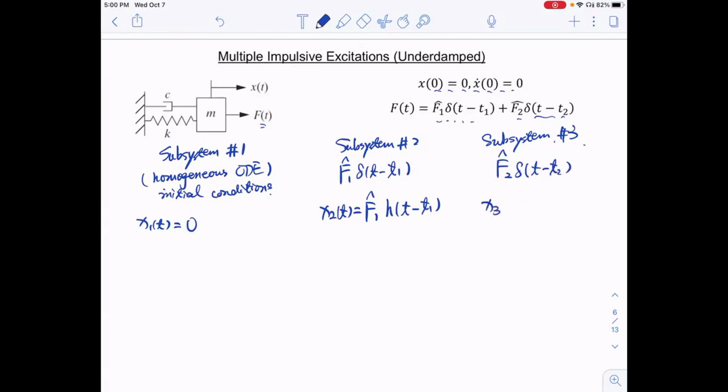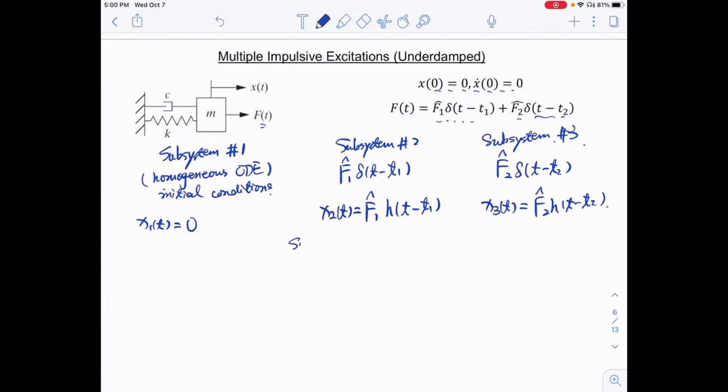So your x3(t) equals f2 h(t minus t2). Right? So you have the solutions for each subsystem.